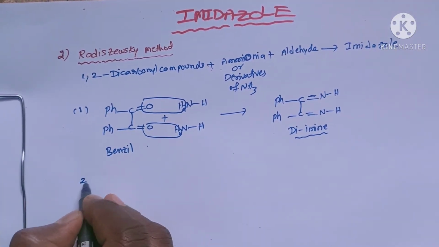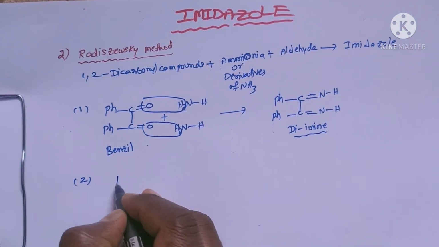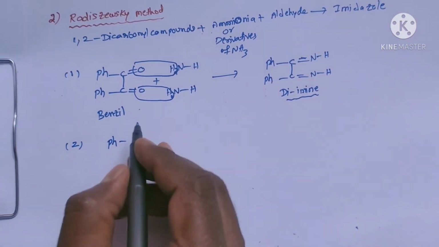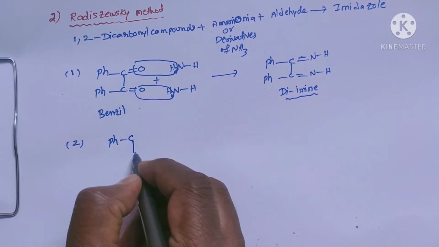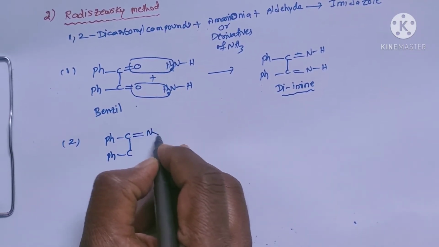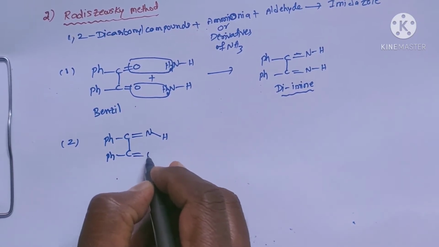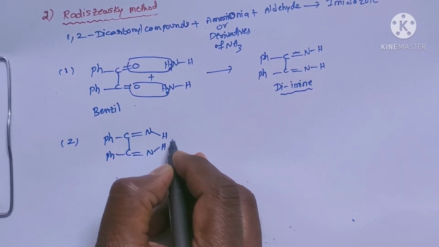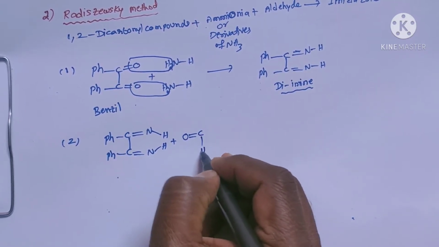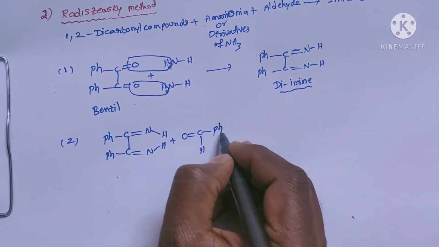In the second step, these diimines react with aldehyde like this. Now here for aldehyde we take benzaldehyde like this. So look here.